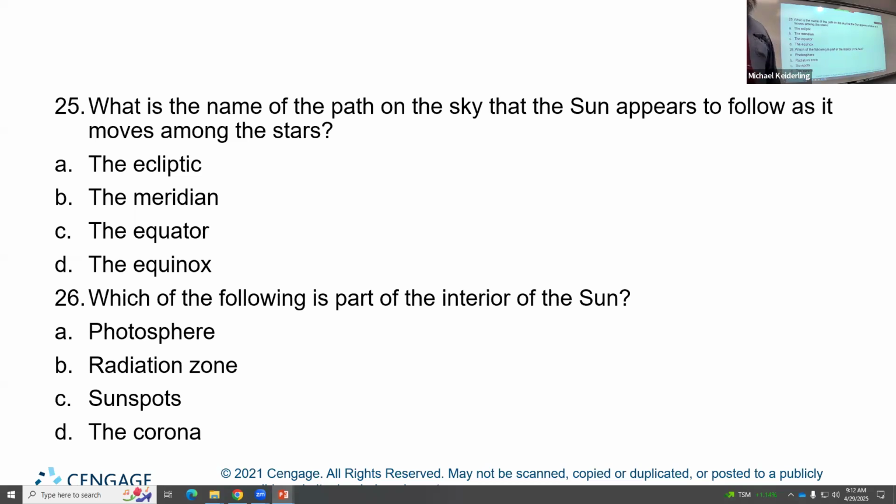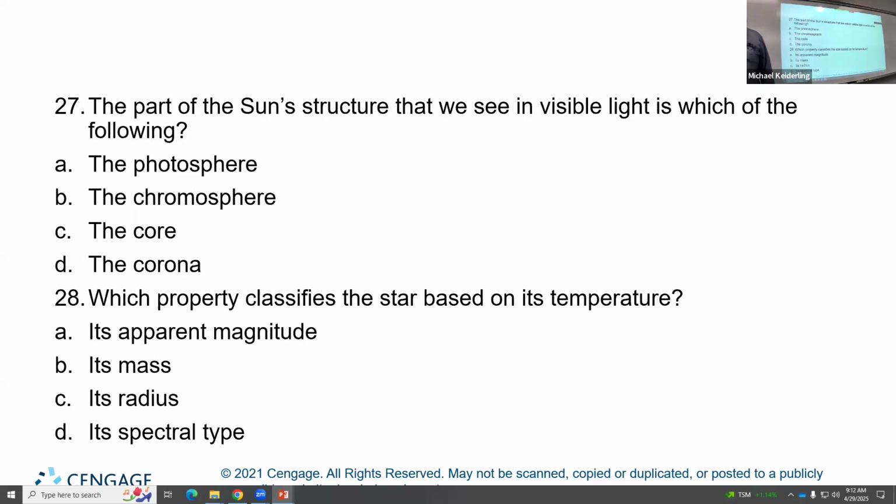And above that, there is the convection zone. The photosphere is the visible surface. Sunspots are on the photosphere, and the corona is part of the outermost layer of the atmosphere. The part of the sun structure we see in visible light is the photosphere. That's the visible surface. The chromosphere is above it. The core is in the center, and the corona is above that.